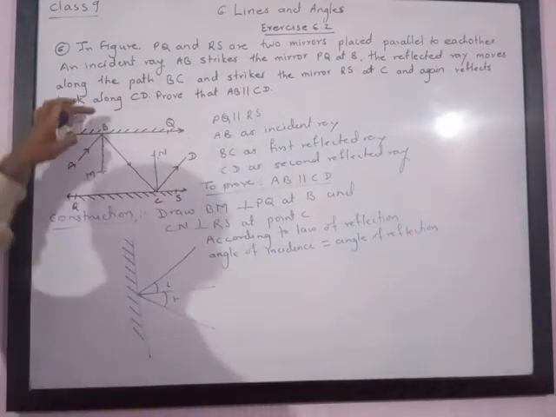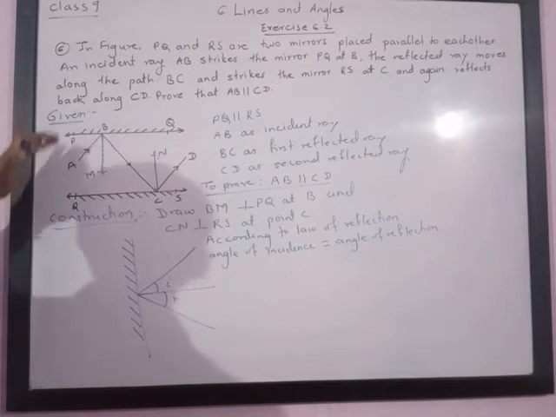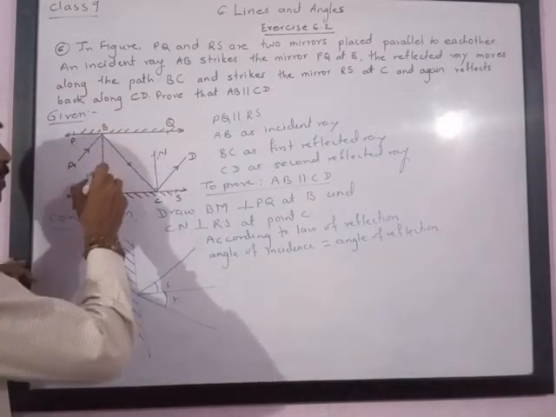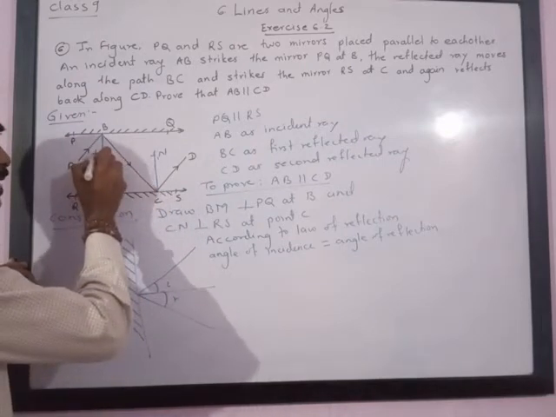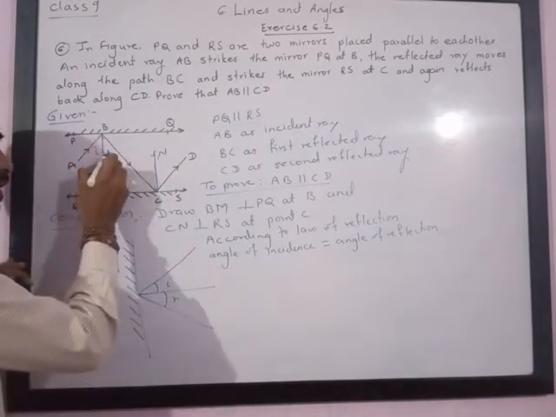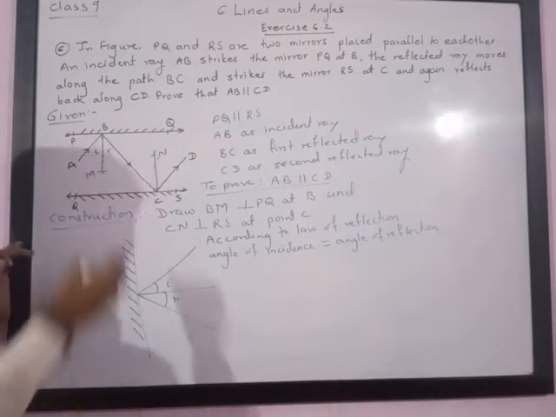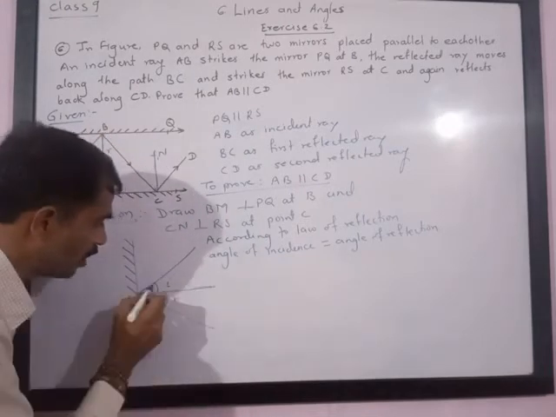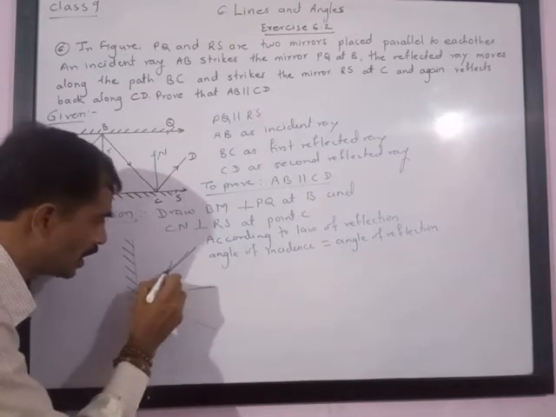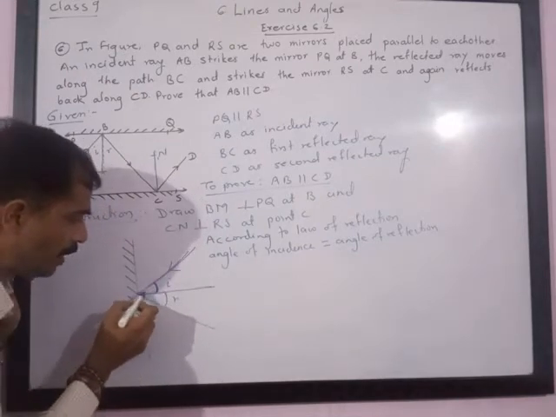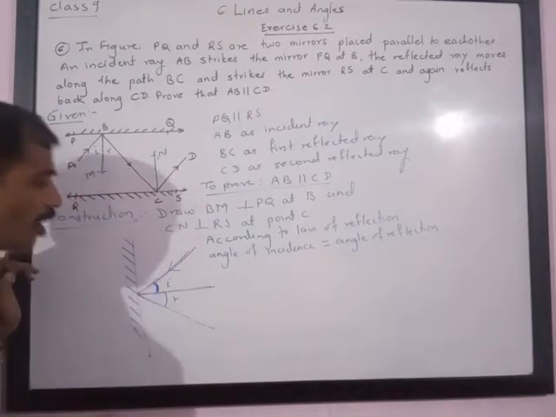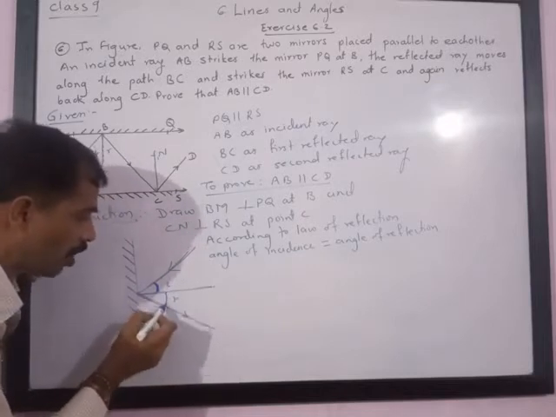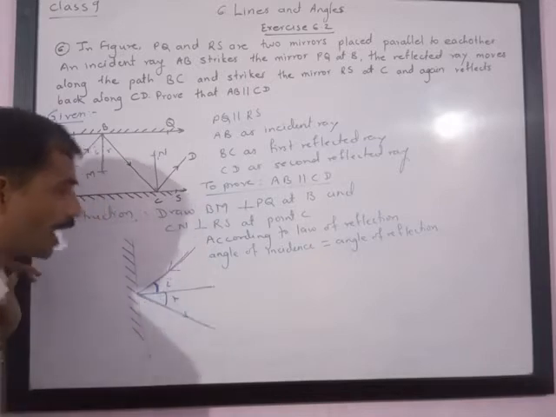Now B is the point where the incident ray gets reflected. This is the angle of incidence and this is the angle of reflection. That is the angle made with the normal. Please try to understand. The angle made with the normal by the incident ray is the angle of incidence, and the angle made with the normal by the reflected ray is called the angle of reflection.